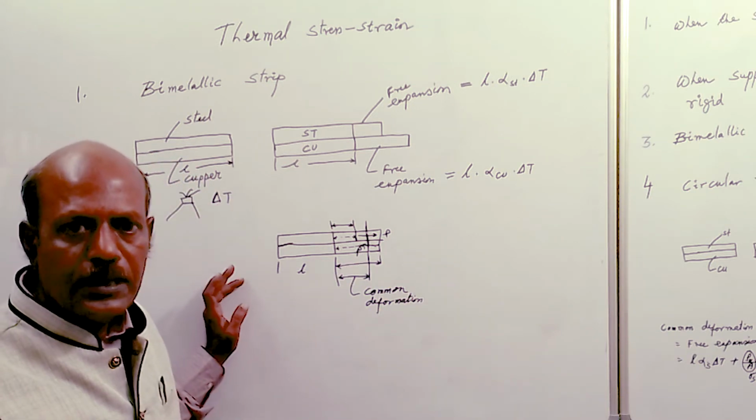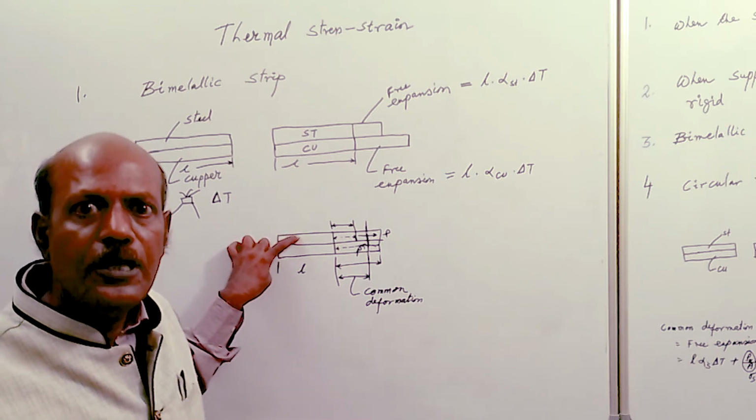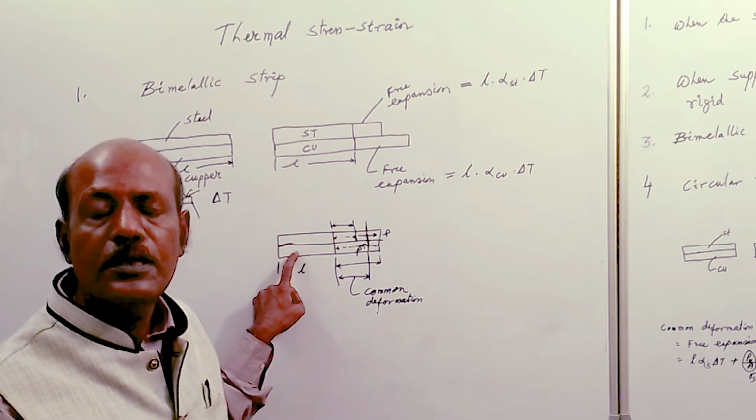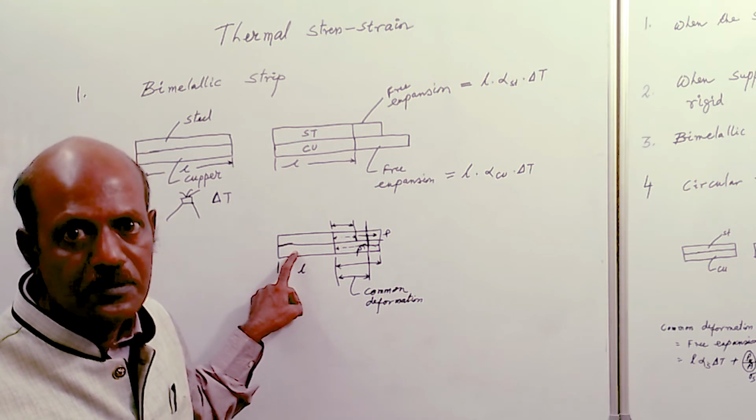In other words, the nature of stress produced in the steel bar is tensile stress, and the nature of stress developed in the copper bar is compressive stress.